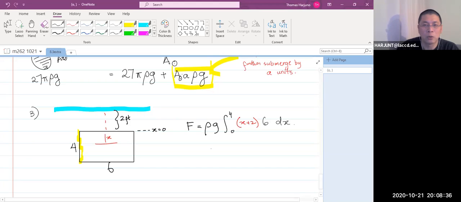Okay, now which is equal to rho g integral from 0 to 4 of x times 6 dx.